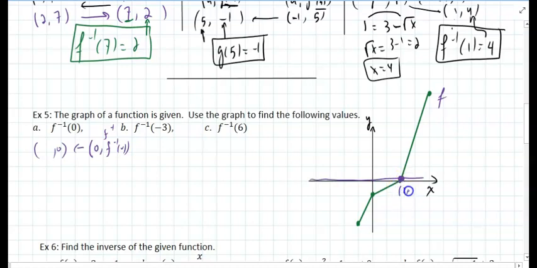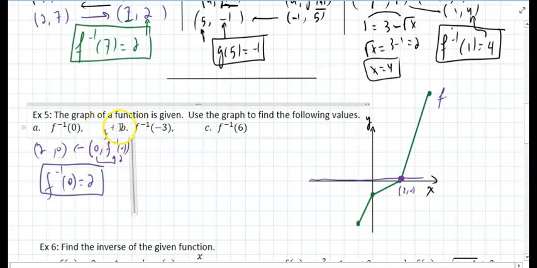Isn't that the point 2, 0? So when I go to the inverse, don't you swap those? 2, 0 becomes 0, 2. So f inverse of 0 is a 2. Again, this idea is needed not in first semester calculus. It comes up in second semester calculus. And it's a must.